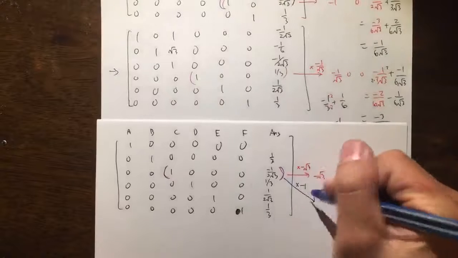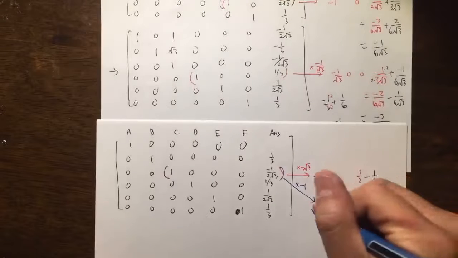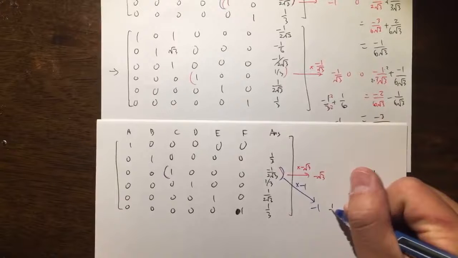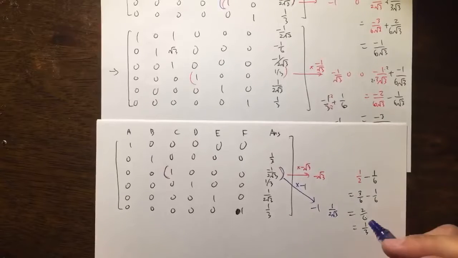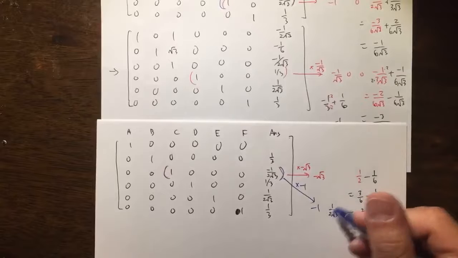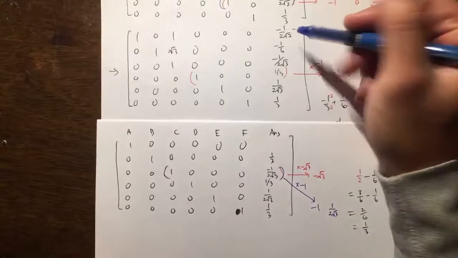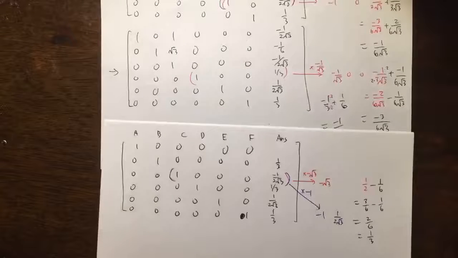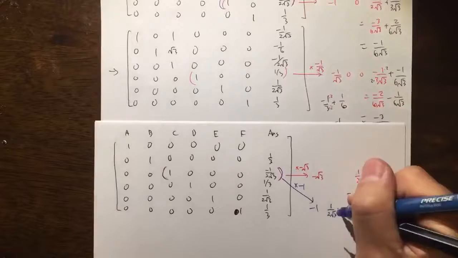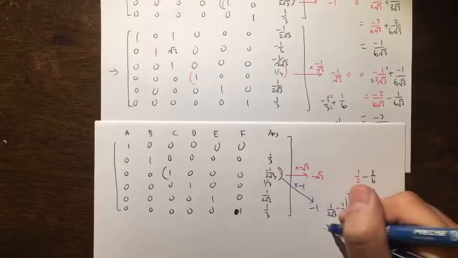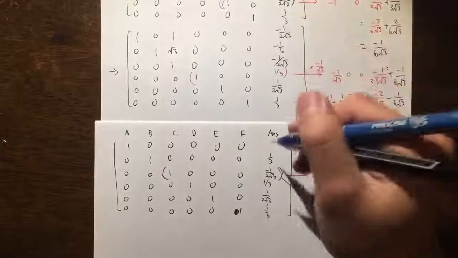So if I multiply this by negative 1, 1 times negative 1 is negative 1, and then this times that is going to be positive 1 over 2 square root of 3. And guess what? 1 over 2 square root of 3 plus the negative version of it. This is the negative version of it. So when you minus 1 over 2 square root of 3, you know this part is going to be 0. So this is going to be 0 right now.